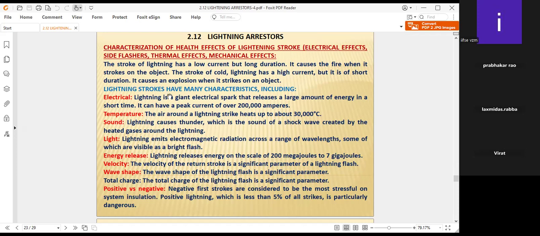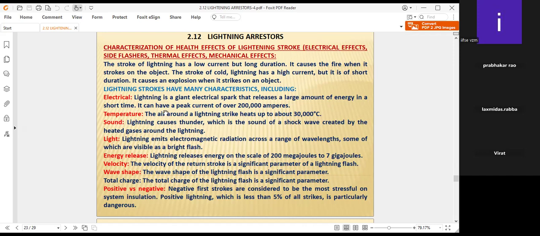Depending upon the characteristics, the effect on persons or objects should be taken care of. For example, lightning is a giant electrical spark that releases a large amount of energy in a short time. It can have a peak current of 2 lakh amperes.